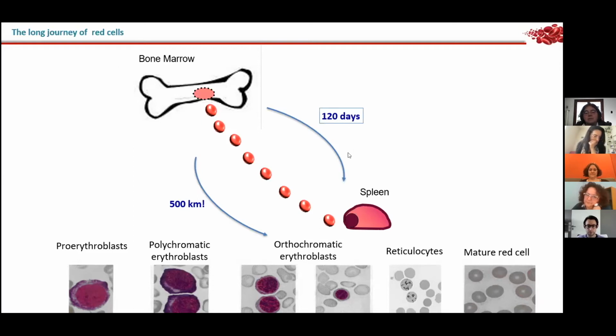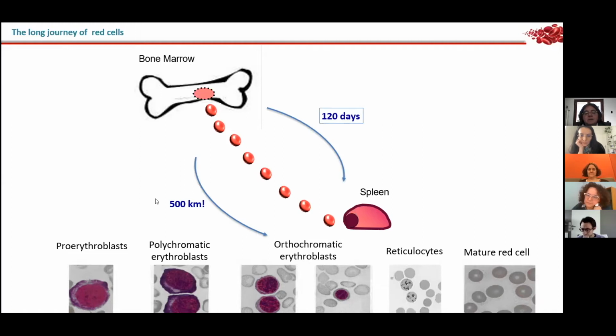What we have to know is that red cells originate in bone marrow, run for about 120 days, and are destroyed at the end of their life in the spleen.